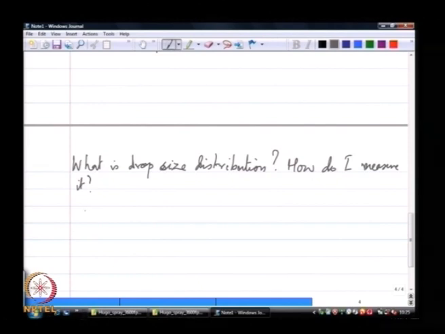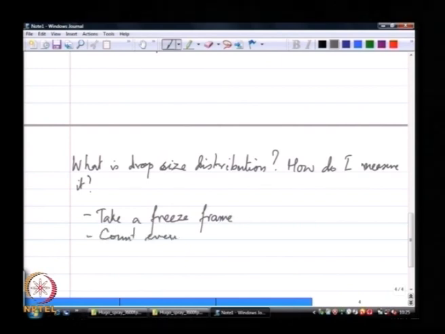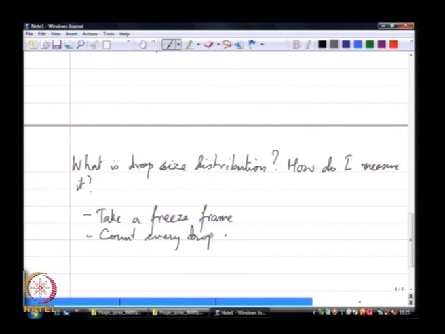So I can take a freeze frame, count every drop in the frame, and measure its size. Okay.